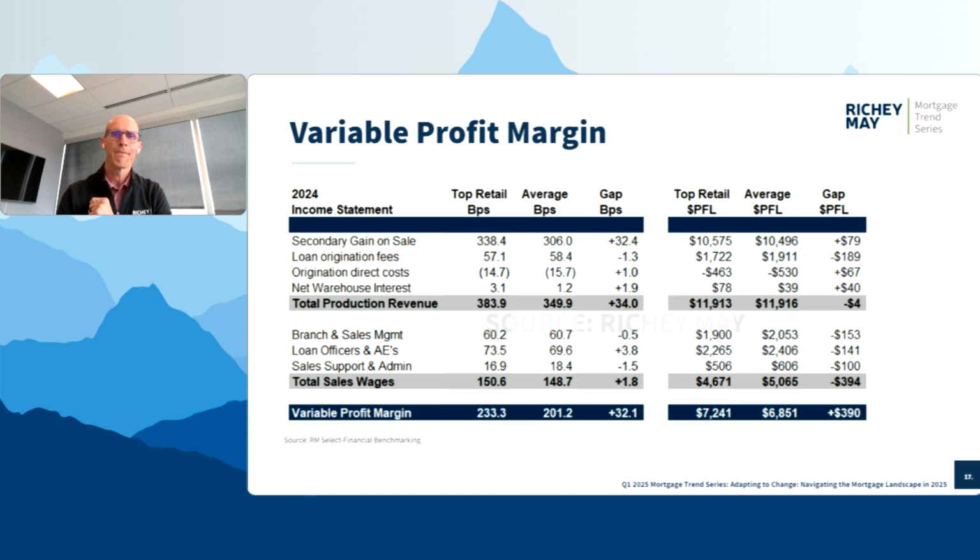Yeah. Just a quick comment, Nathan, on this slide. When buyers and sellers are looking at a potential asset transaction, this data is critical because a seller has no interest in moving their production team to a company with a less efficient variable profit margin. The numbers never work if they do that.